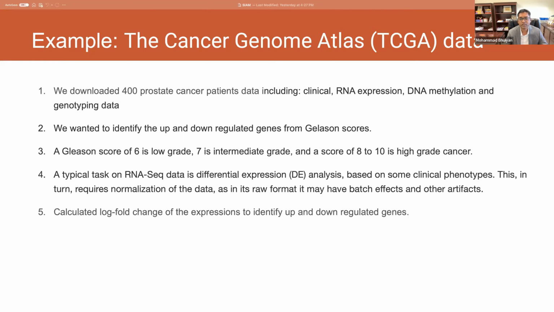We also want to see the differential expression of the genes, and which genes are upregulated and downregulated. The genes that are upregulated are responsible for promoting the cancer. Those genes that are downregulated are actually good genes, which are suppressed by those bad genes. So the upregulated genes are bad genes, and the downregulated genes are good genes.